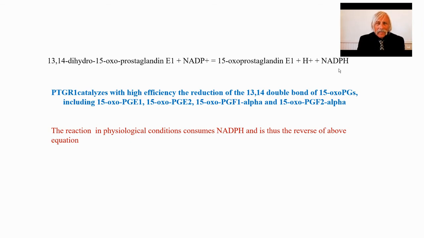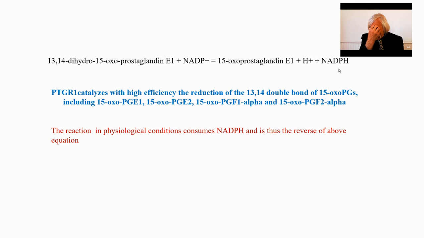Now, this enzyme, PTGR1, catalyzes with high efficiency the reduction of the 13-14 double bond of 15-oxoprostaglandins, including 15-oxo-PGE1, 15-oxo-PGE2, 15-oxo-PGF1 alpha, and 15-oxo-PGF2 alpha. So the reaction actually works in the reverse of what's shown there, right?